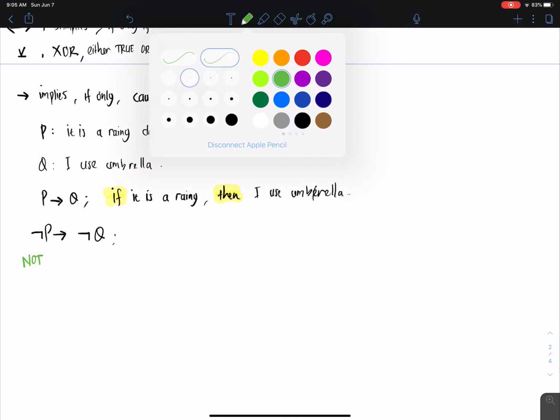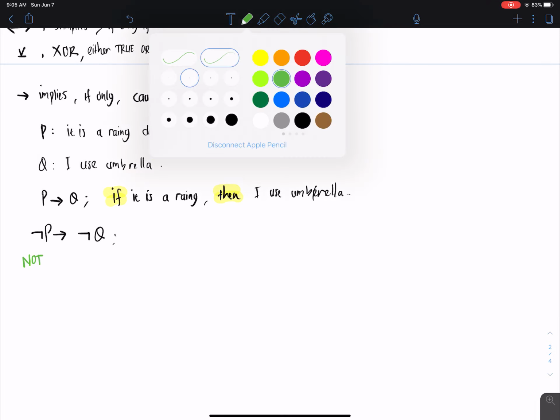So with this, how does it sound? That will be if it is not a rainy day. I see I missed the wording day in here.